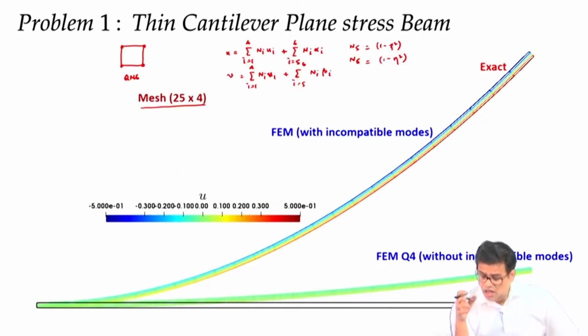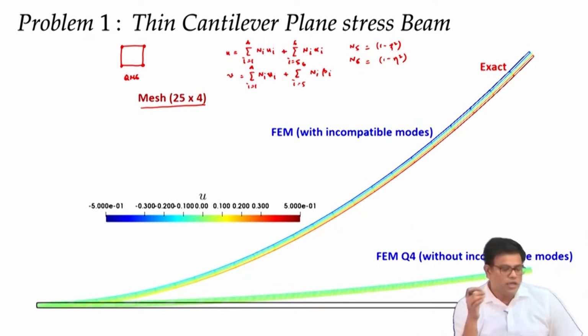So naturally in this thin structure, one way is using the lower order element with incompatible modes, and otherwise we have to go for polynomial refinement, which is an increase in the order of polynomial. That means you use a higher order element like the 8-noded quadrilateral element. There also you can observe the closeness with the exact solution.